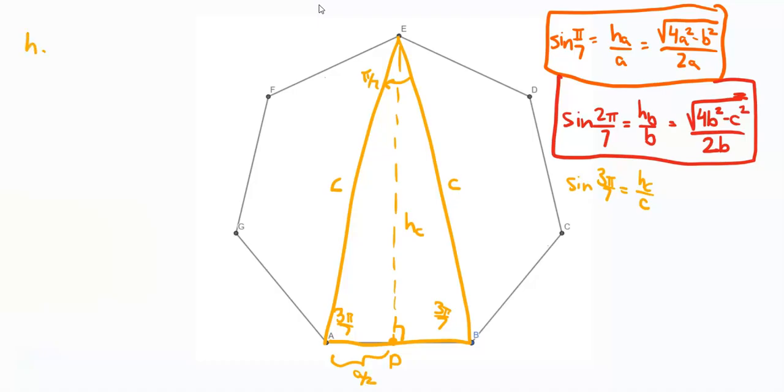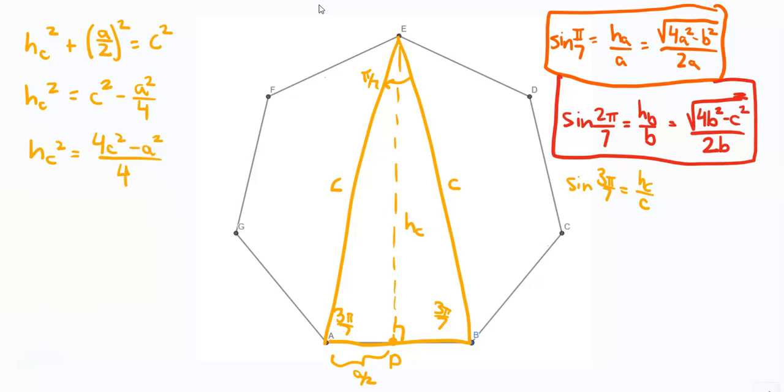With the Pythagorean theorem, H sub C squared plus A over 2 squared equals C squared. So we solve for H sub C squared, which equals C squared minus A squared over 4, so H sub C quantity squared will be 4C squared minus A squared over 4. Take the square root to both sides. H sub C will be the square root of 4C squared minus A squared all over 2.